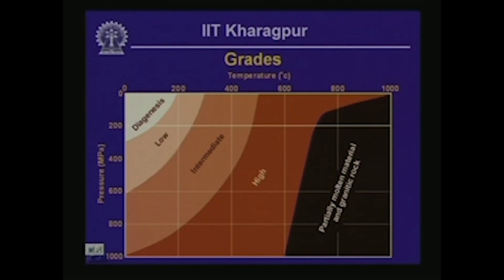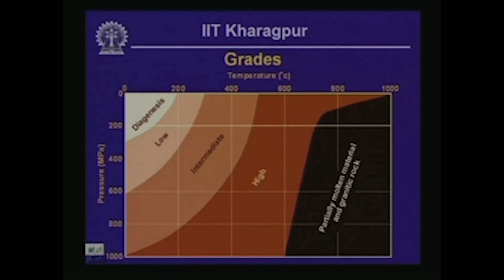This particular chart here shows a plot where we look at different metamorphic grades. When there is not much change of temperature and pressure, the process involved is diagenesis. We know what is meant by that term from our previous presentations.